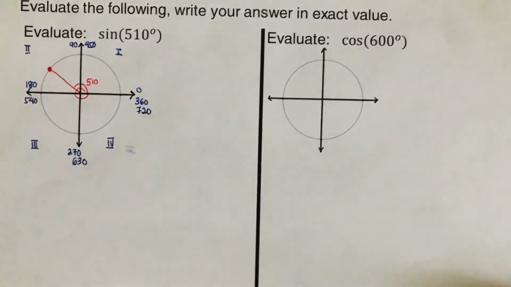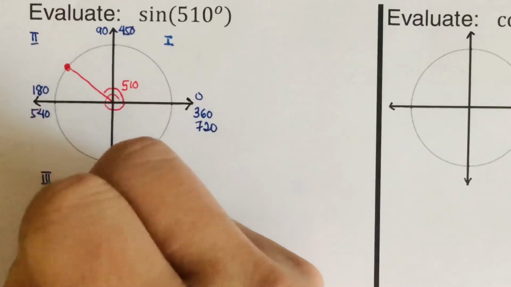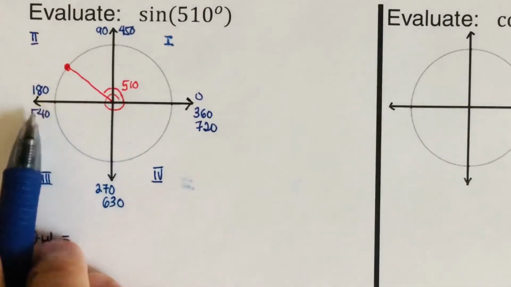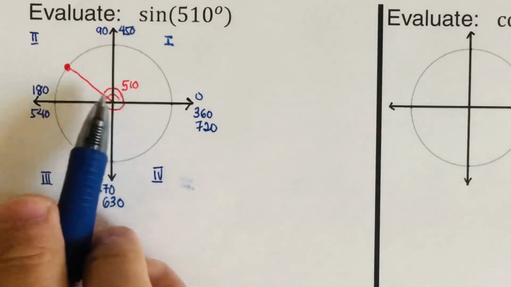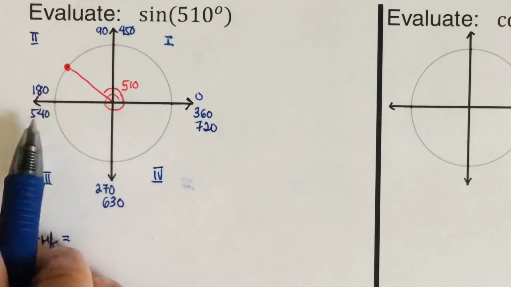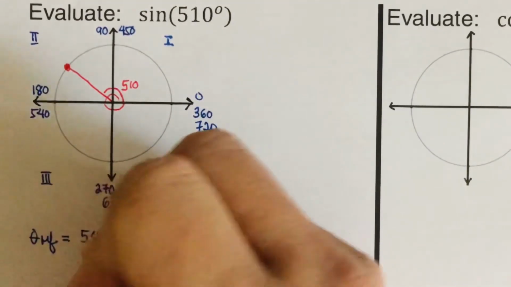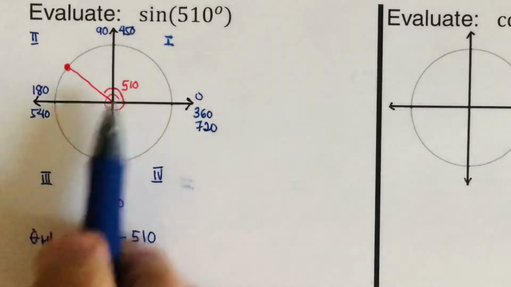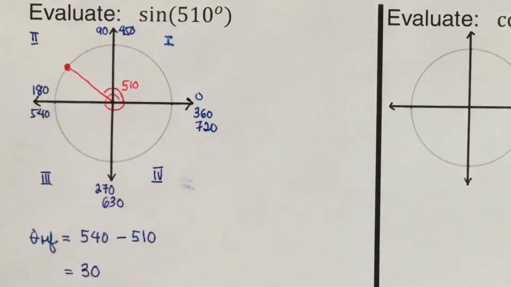In this problem, I can go ahead and solve for the reference angle. I'm going to show that down here. The reference angle would be the angle on the negative x-axis. We're not going to use 180 because that's already less than 510, so we're going to use 540. That would be 540 degrees minus 510, which means the reference angle for 510 is 30.